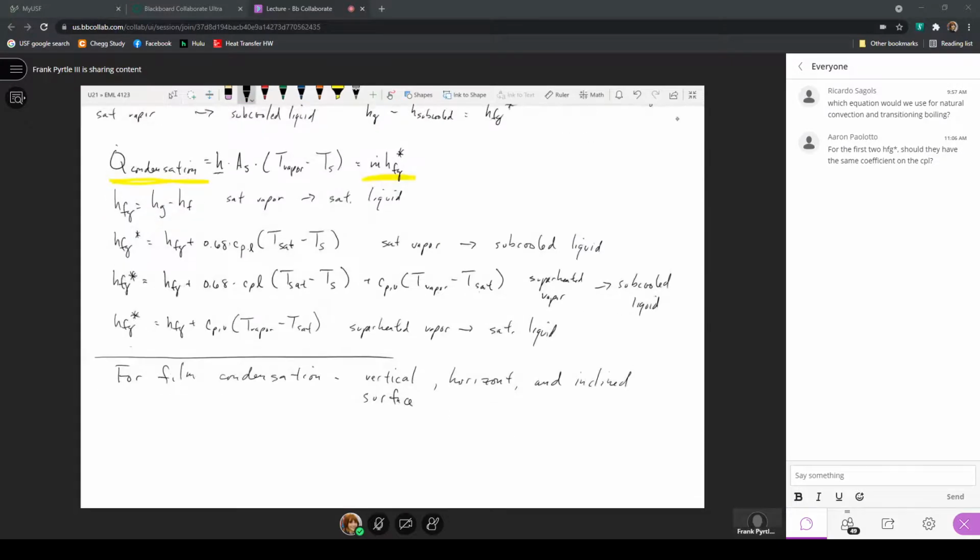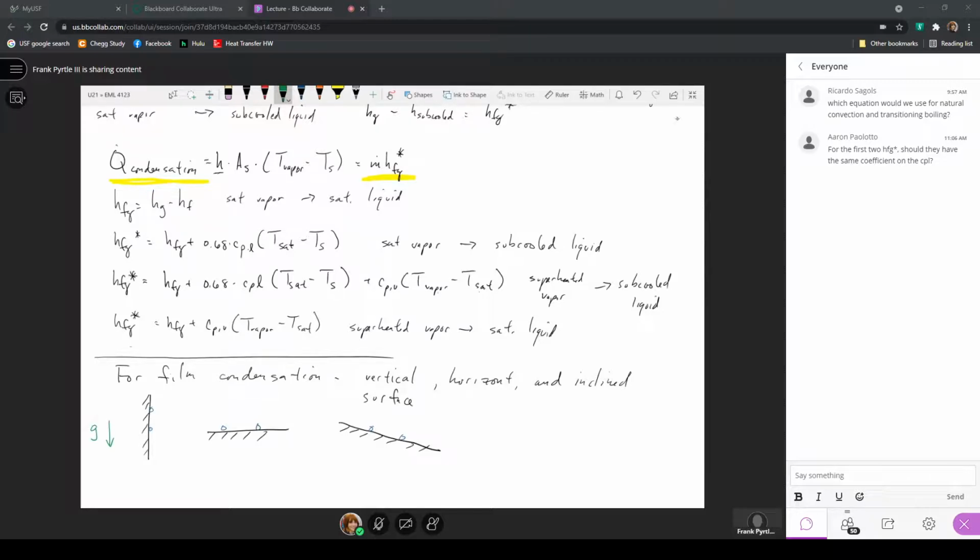So you can imagine if I have a surface that is vertical compared to one that is horizontal compared to another that is inclined, when droplets or liquid water forms on these surfaces, they'll move differently. If gravity is downward for each one of these conditions, the heat transfer rates associated with exactly the same surface temperatures for each, exactly the same vapor condition, the heat transfer coefficients will be different.